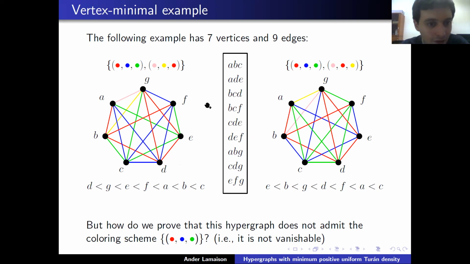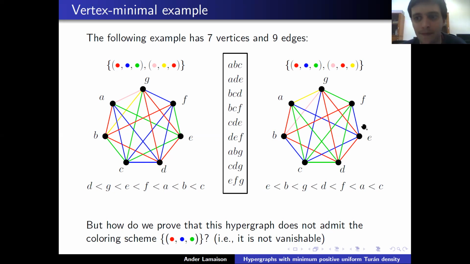You might observe that the red graph did not change. The red edges on the left are also red on the right. And the blue and the green edges switched. So what's blue on the left is green on the right, and what's green on the left is blue on the right. That's not a coincidence.